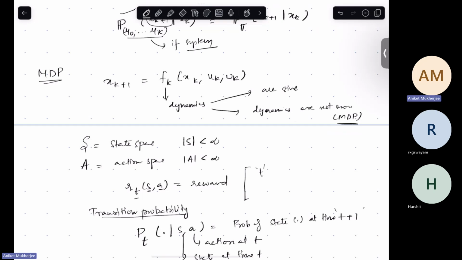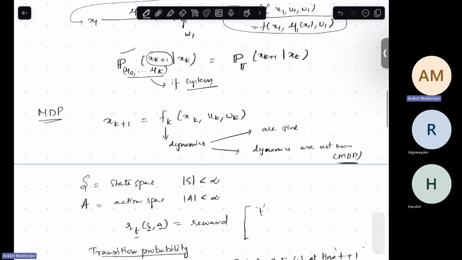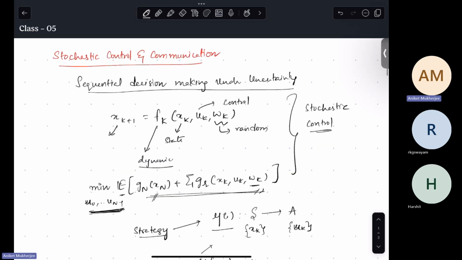People also get confused between these two things. In stochastic control, we formulate problems as minimization problems, where you have certain costs for states, being in a state is costly, and applying control you incur some cost.